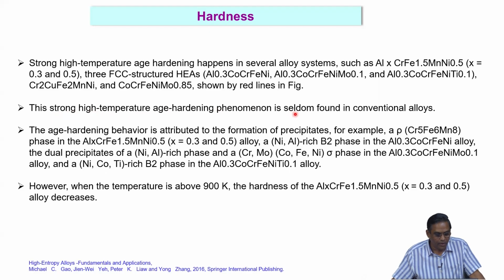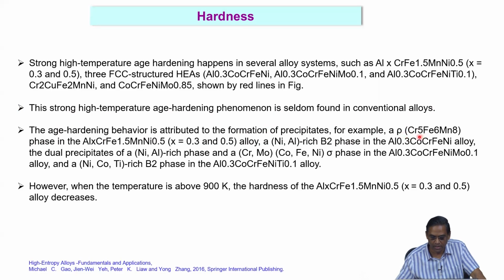This type of very strong high temperature age hardening phenomenon is seldom found in conventional alloys. This is something interesting in high entropy alloys, and it is advantageous. Okay. High temperature age hardening is not a usual phenomenon in conventional age hardening behavior. And if you look at why this high temperature age hardening behavior is happening, this is attributed to the formation of precipitates.